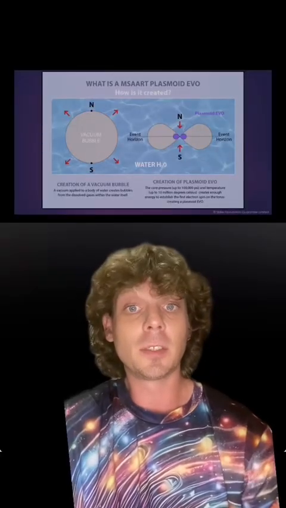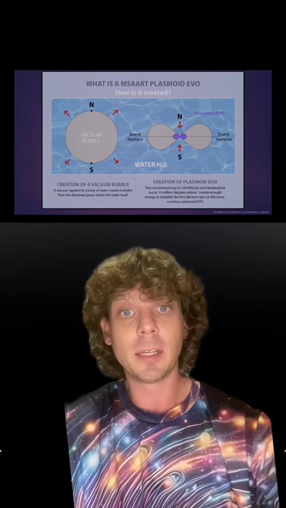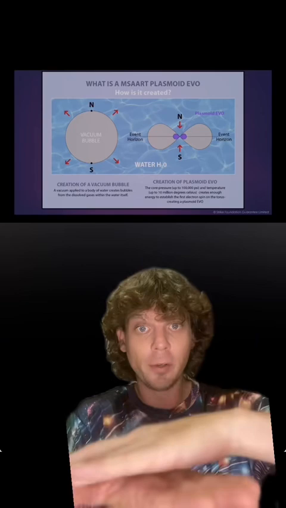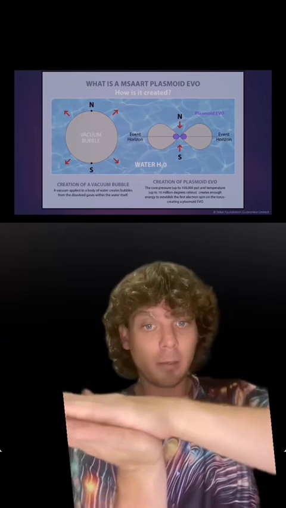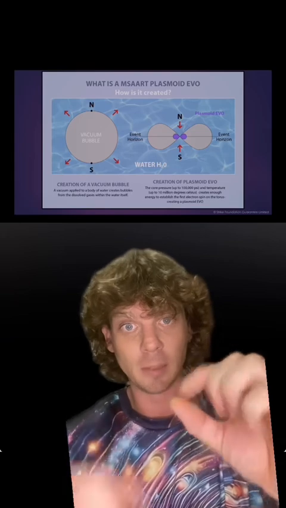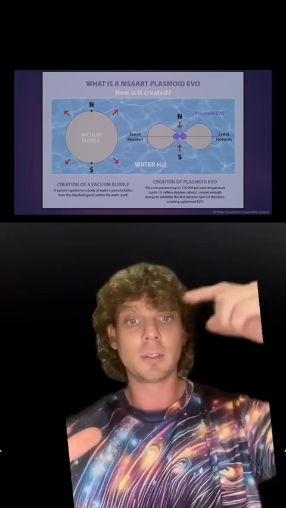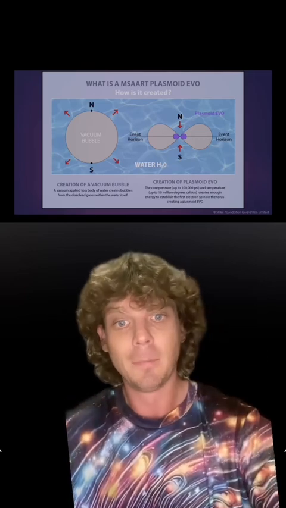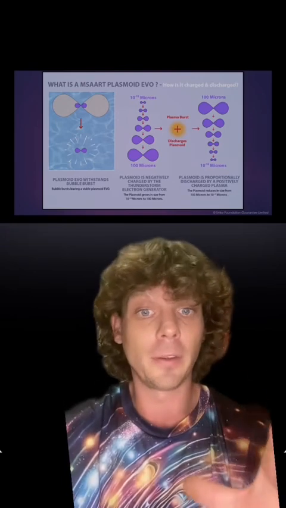So essentially, when that bubble is the right size, as it collapses, it creates a plasmoid. Okay, so as the north and south implode, one spinning one way, one spinning the other, it creates a zero point here in the plasmoid, which ends up creating a magnetic field, so it's a self-containing plasmoid, so to speak.